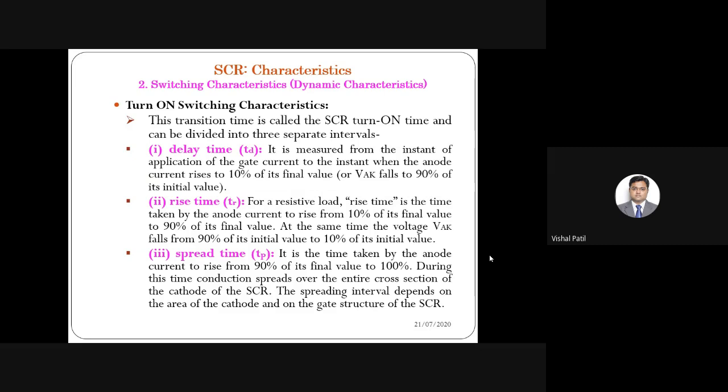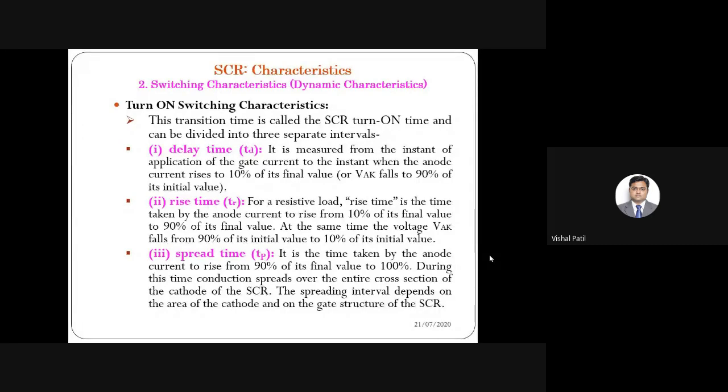Okay, so turn on switching characteristic. Okay, it has 3 time intervals. Delay time, it is measured from the instant of application of the gate current to the instant when the anode current rises from 10% of its final value, or the anode to cathode voltage falls to 90% of its initial value.